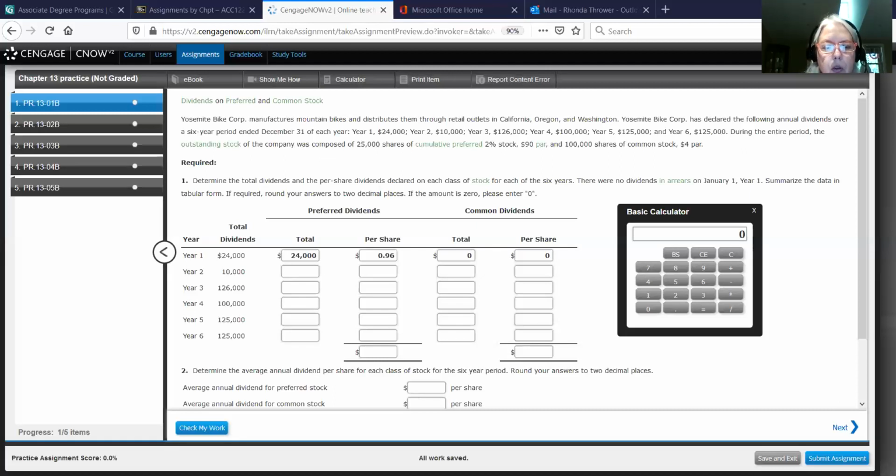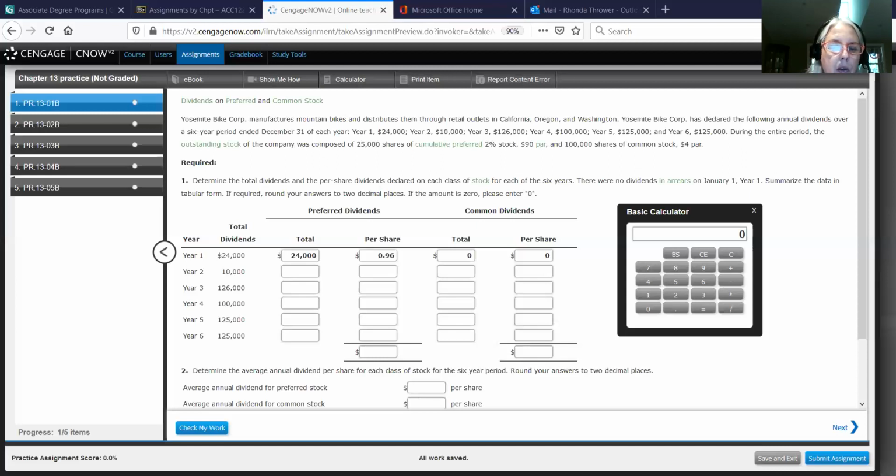In the Cengage problem, you need to know how much was declared in year two. The amount of dividends declared in year two was $10,000. Well, we owed our preferred stockholders a total amount of 66,000.